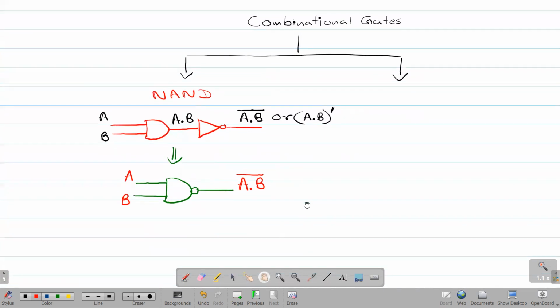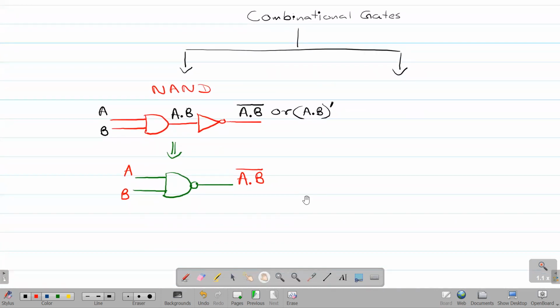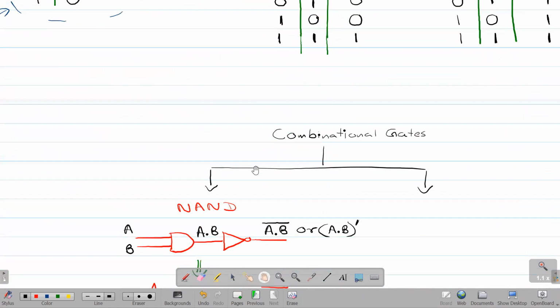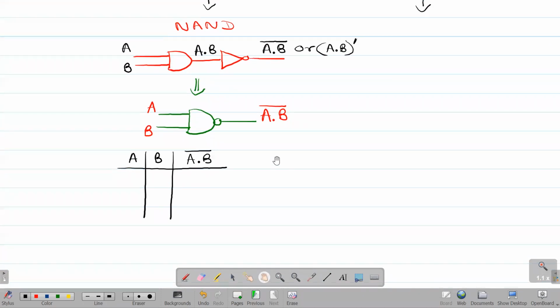And if you think about the truth table, it happens like this. You have A and you have B. Here you are going to check (A dot B) total bar, and we know the combinations.